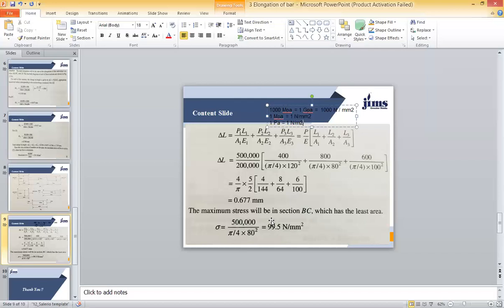So for accuracy, we have to calculate in terms of Newton and mm, not in meters.